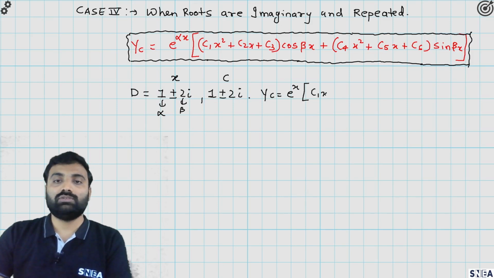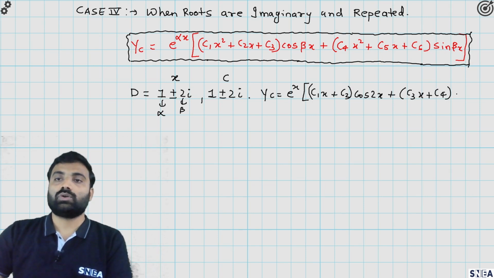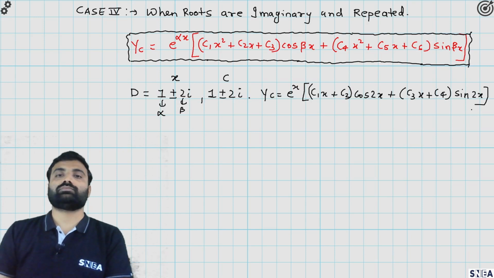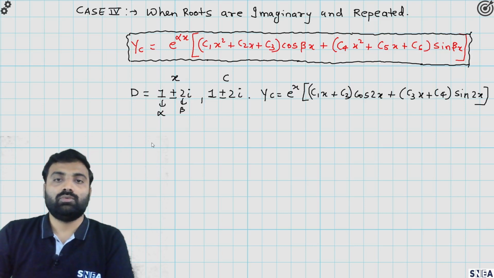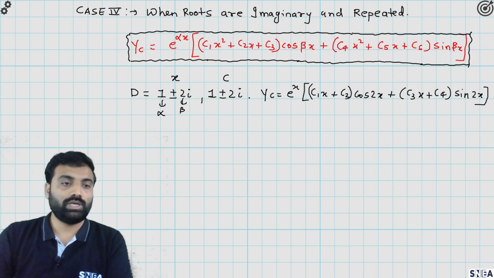We'll write c1x plus c2 in bracket cos beta, beta is 2, plus c3x plus c4, then after cos comes sin, but the value of beta is 2. Are you understanding this? y is equal to e raised to x here.